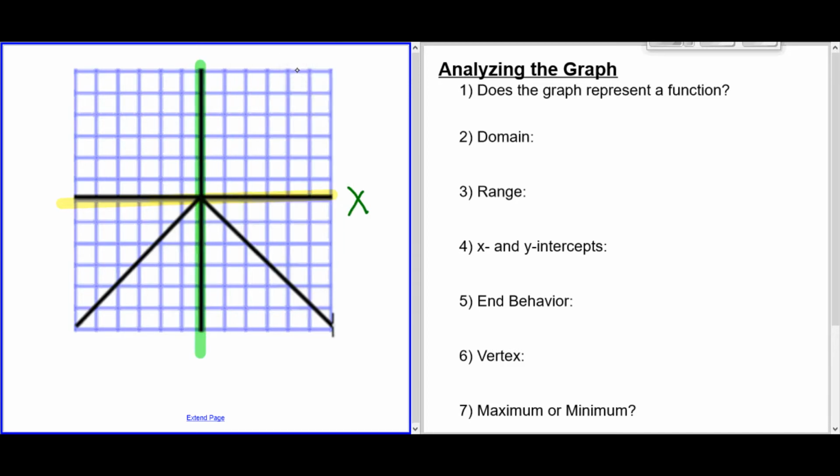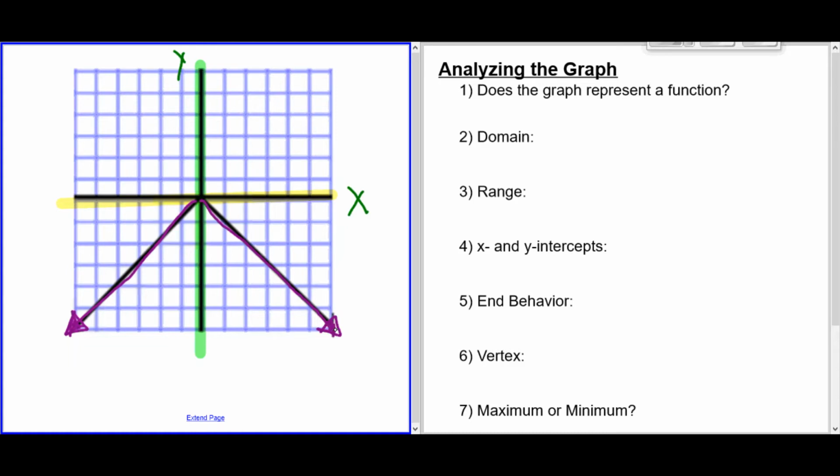So these are my two axes, the x-axis and the y-axis. So the graph I'm given is this one right here that I'm highlighting in purple. Now, remember, we don't always show the end arrows, but it's going to be implied that this graph continues on forever in both directions.